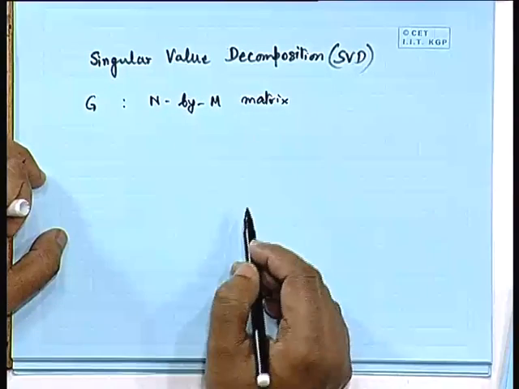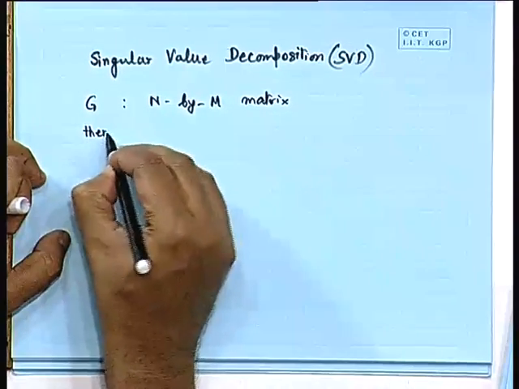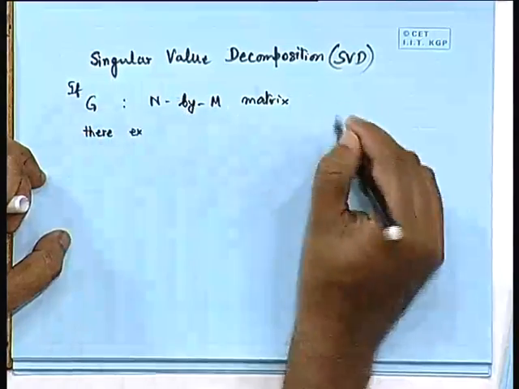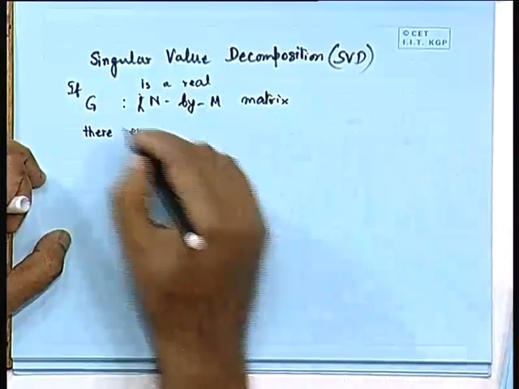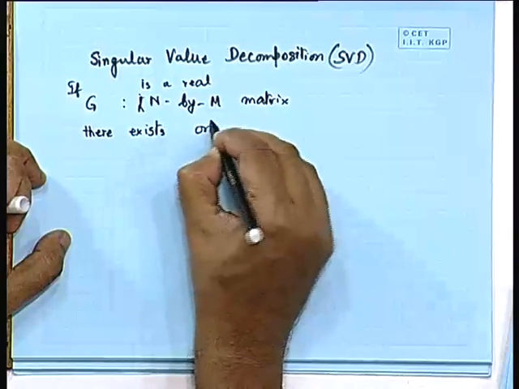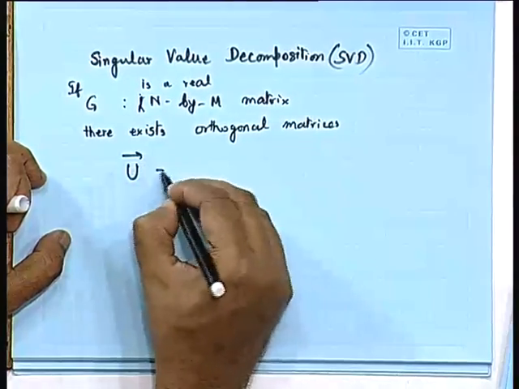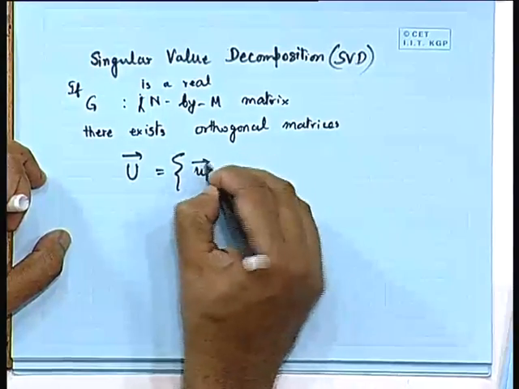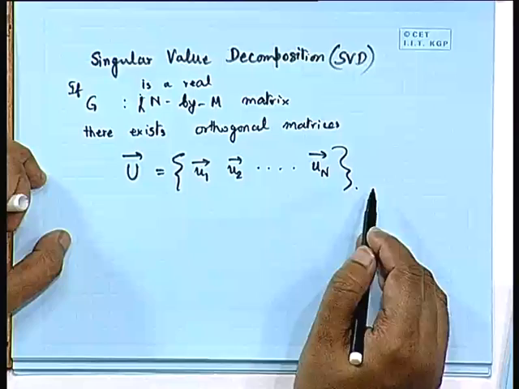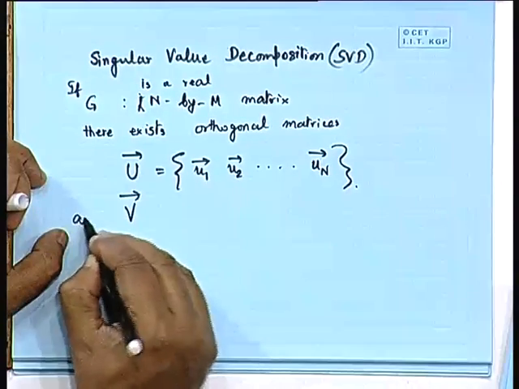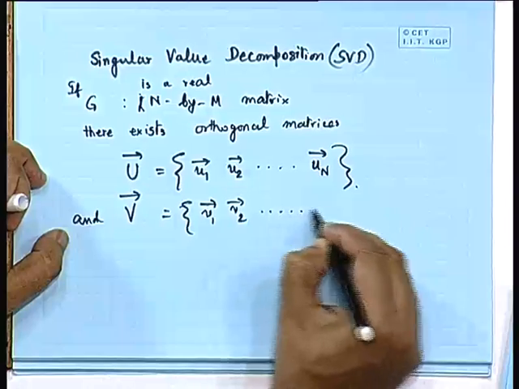For G, if G is a real n by m matrix, then there exist two orthogonal matrices, which we define as the U matrix and the V matrix. The U matrix consists of n vectors u1, u2 up to un, and the V matrix consists of m vectors V1, V2 up to Vm.